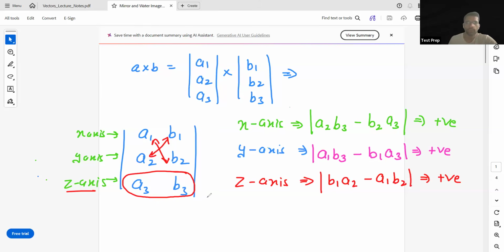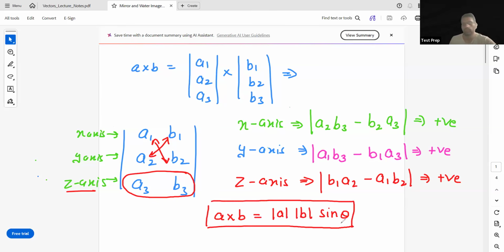That is also positive. Now, the product A into B is equal to mod of A mod of B sine theta. Here we will use sine theta in case of cross product.